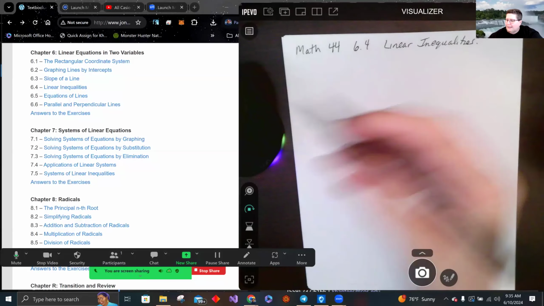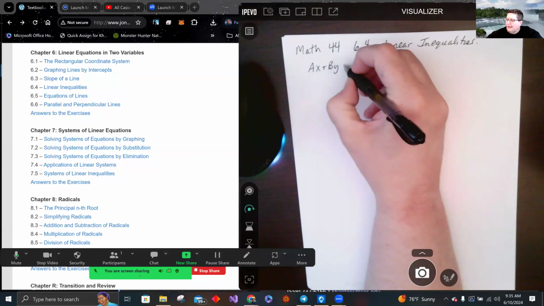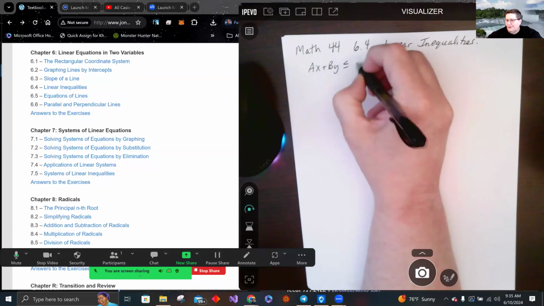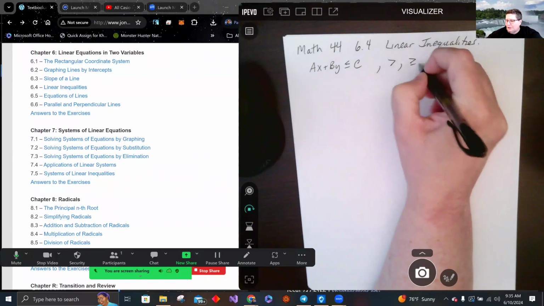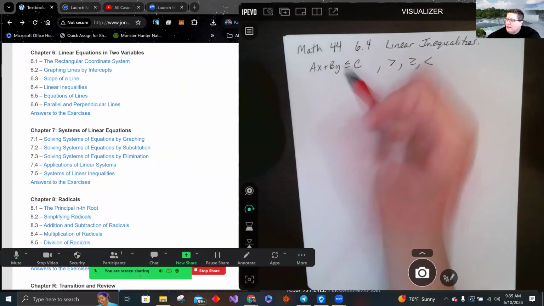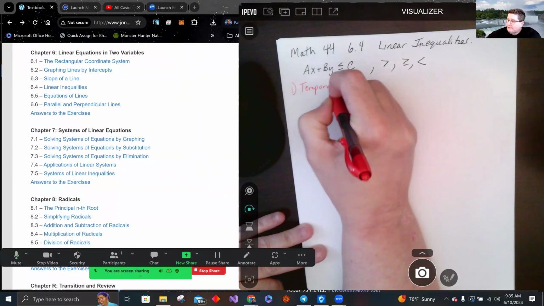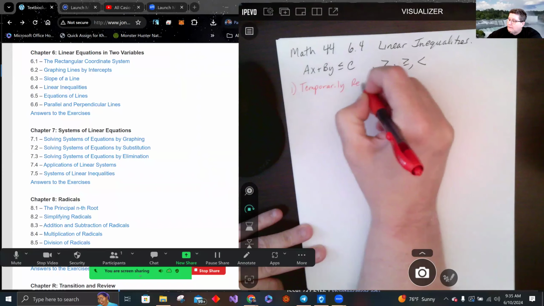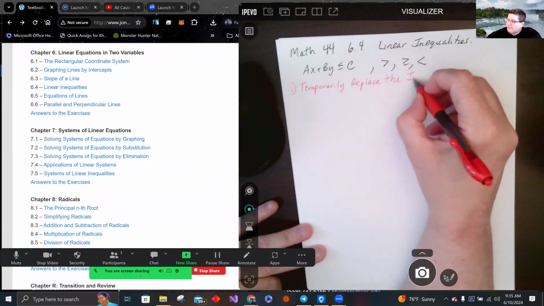So linear inequalities, we will have something like ax plus by is less than or equal to c, or we might have greater than or equal to, less than, one of those inequalities. So to graph these, step one, temporarily replace the inequality with an equal sign.